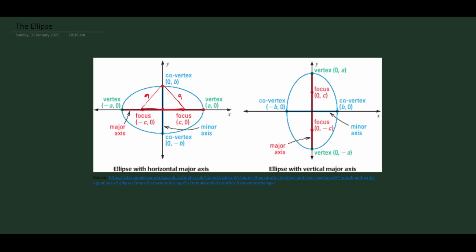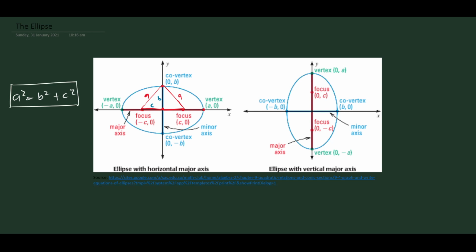We also have b here for the semi-minor axis, and we have c here. So we have a right triangle, and the Pythagorean relationship between these three variables is a squared equals b squared plus c squared. We will use this in problems later.